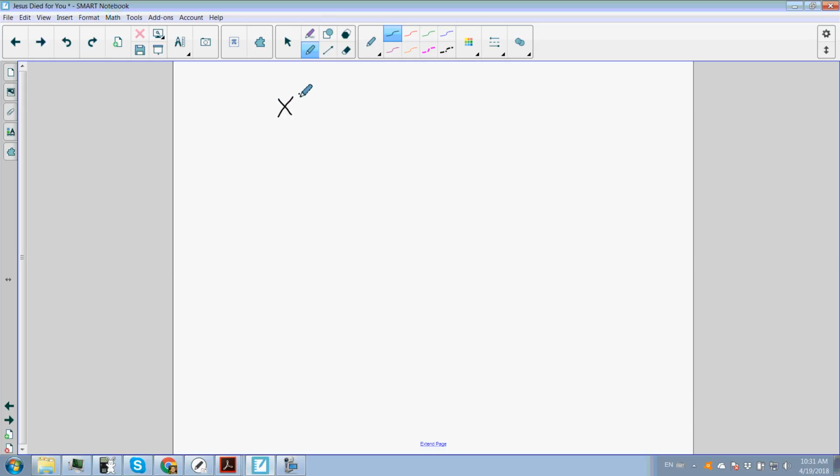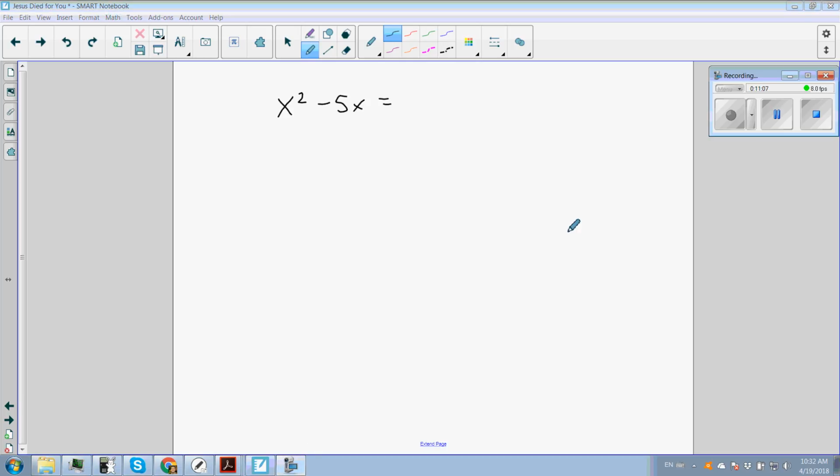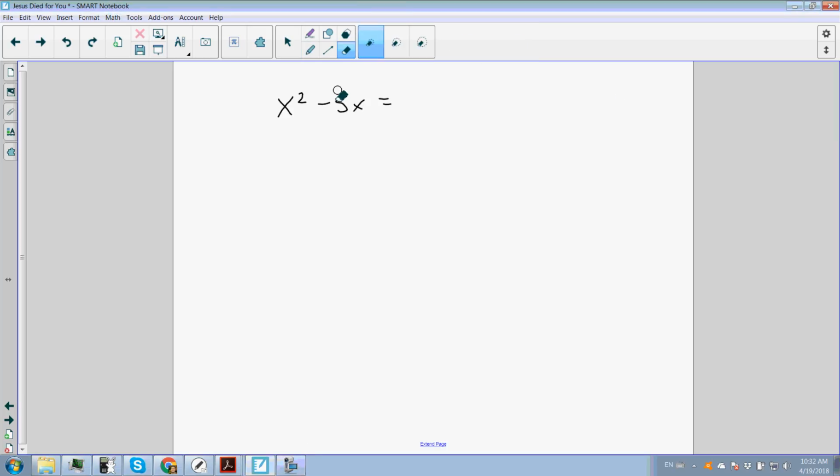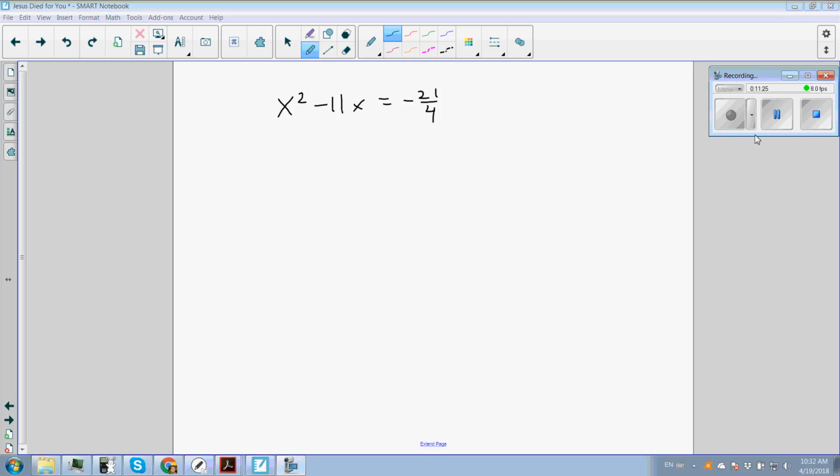Let's take x squared minus 11x equals negative 21 fourths. Let's see, make sure that's the right one. Yeah, okay.